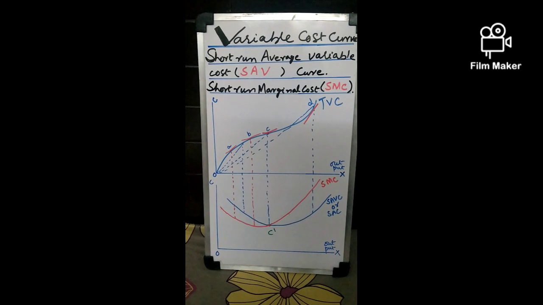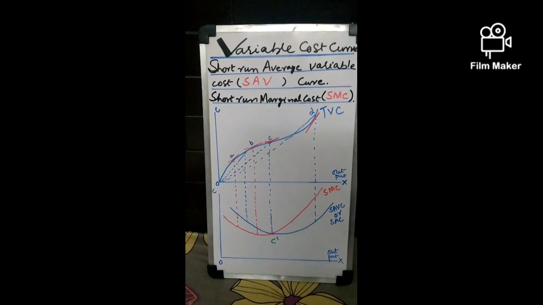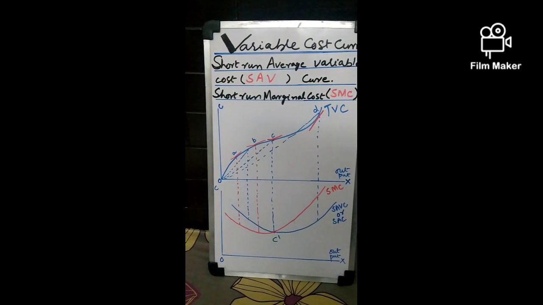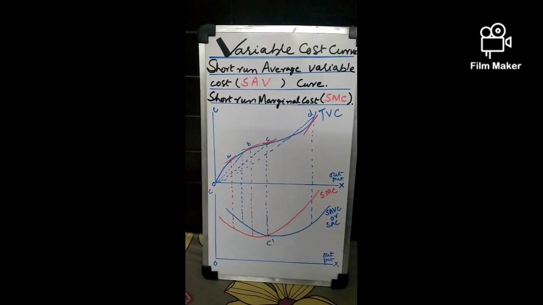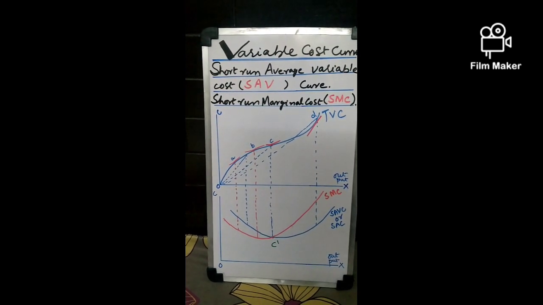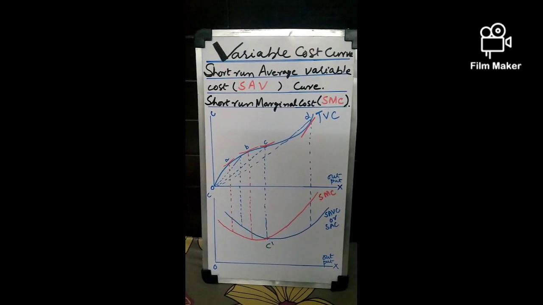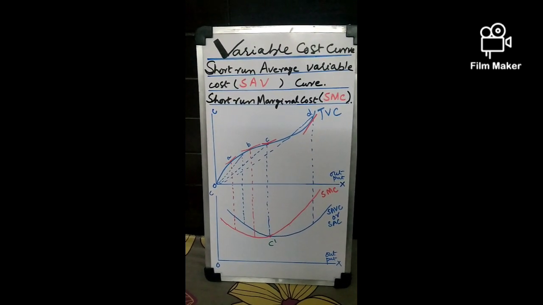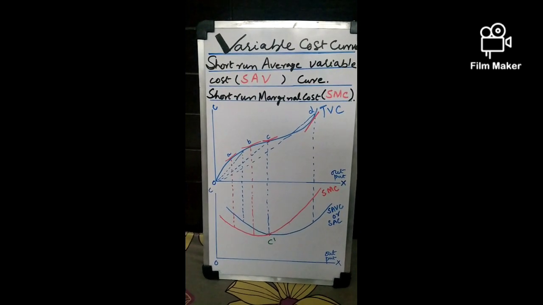The short run average variable cost curve is drawn by drawing lines from the origin to the points on the total variable cost curve. Short run average variable cost at any level of output is the slope of the straight line from the origin to the point on the total variable cost curve corresponding to that particular level of output. It is shown with the help of blue dotted lines.